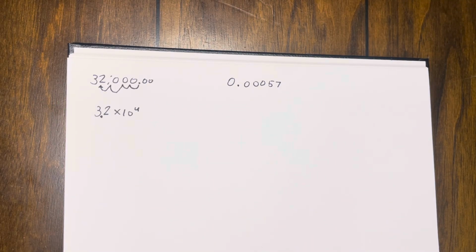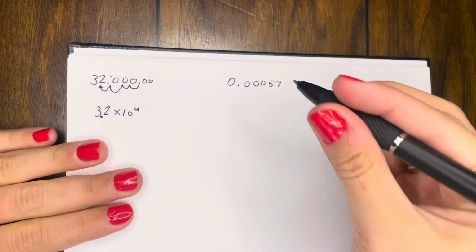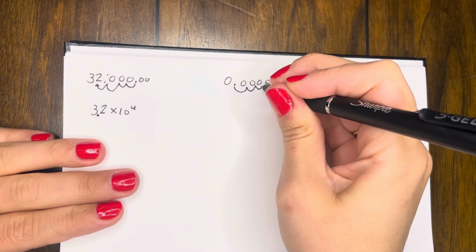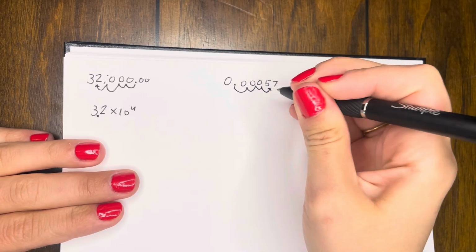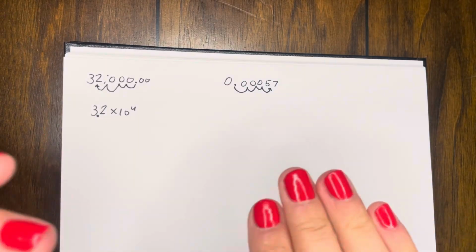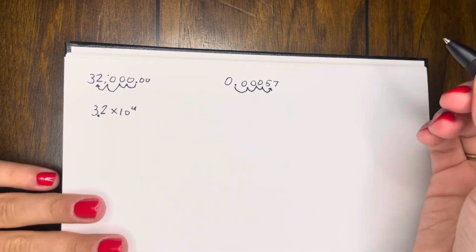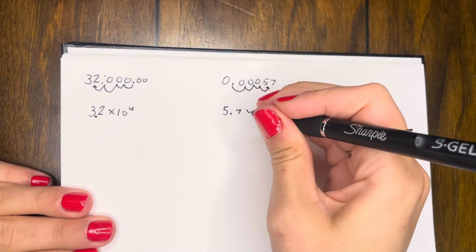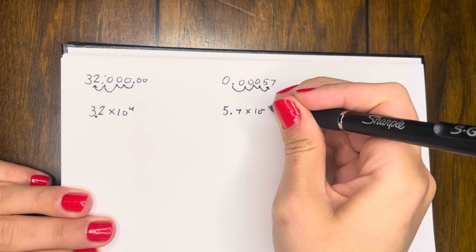So it only makes sense to do 5.7 here. So you're going to take this decimal point and you're going to go 1, 2, 3, 4 spots to the right, and right is negative. So then we have 5.7 times 10 to the negative fourth.